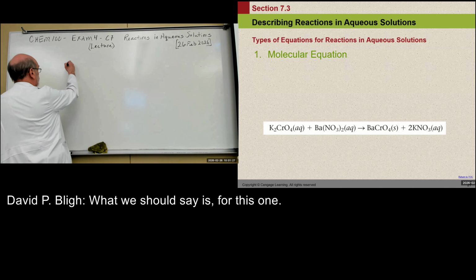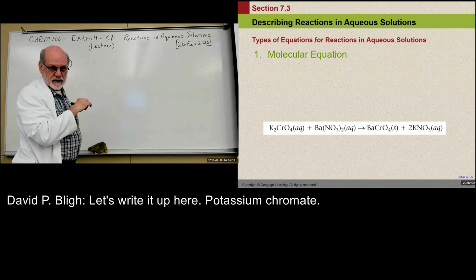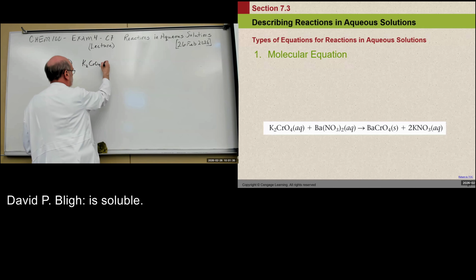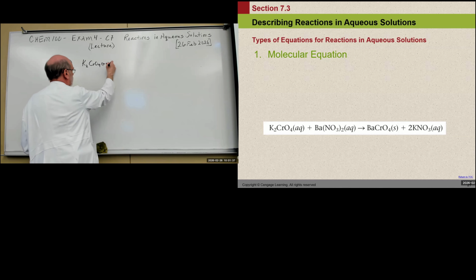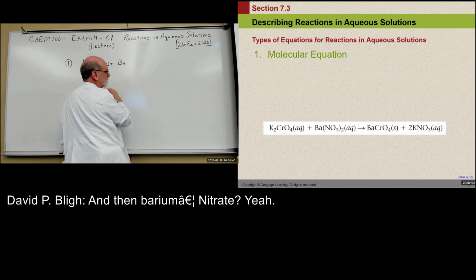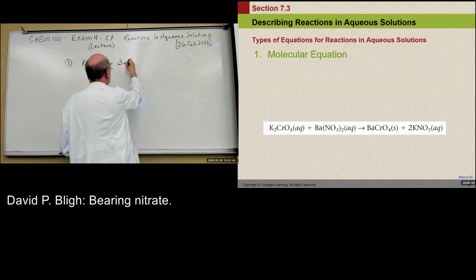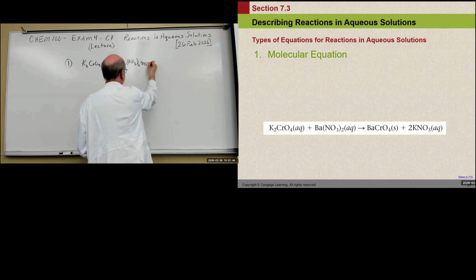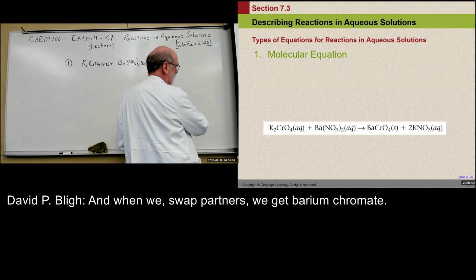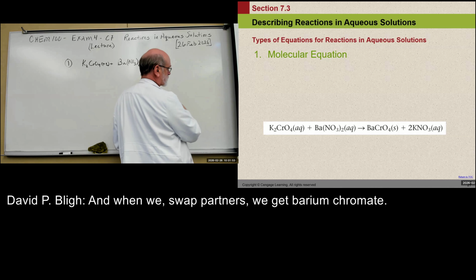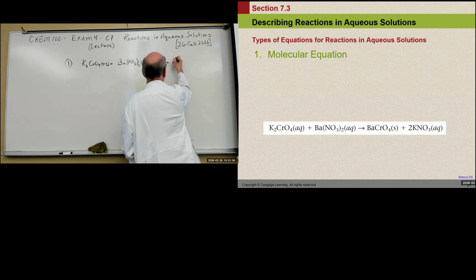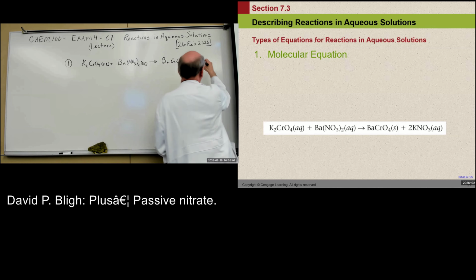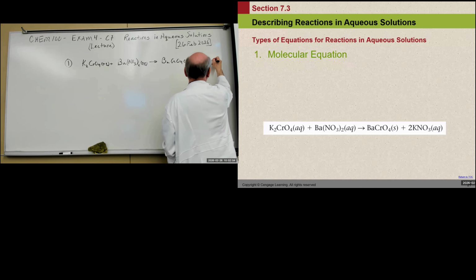What we should say is, for this one, let's write it up here. Potassium chromate is soluble. And then barium nitrate is soluble. And when we swap partners, we get barium chromate, solid, plus potassium nitrate.